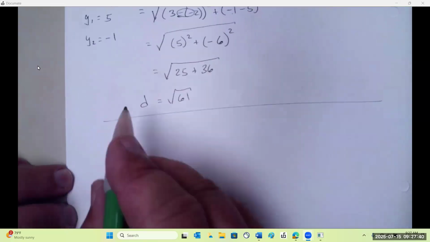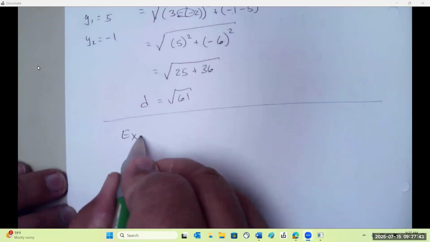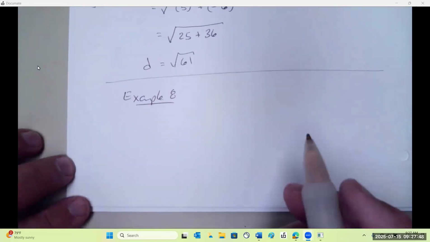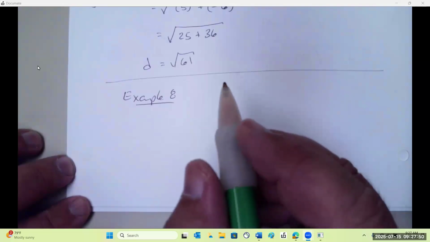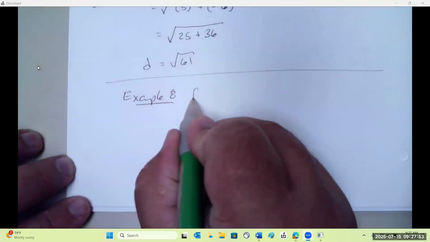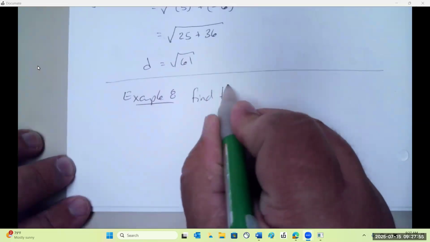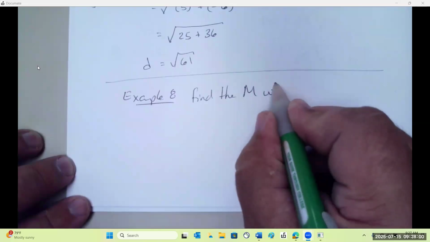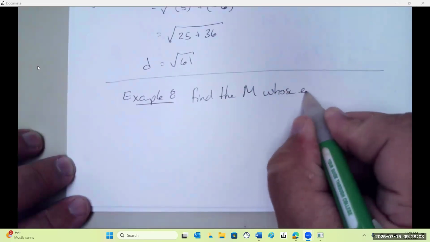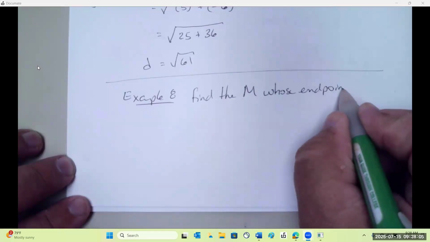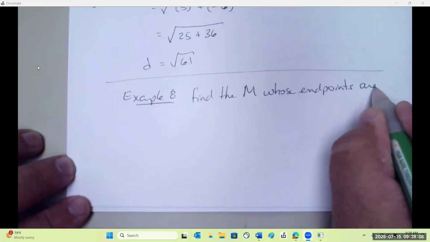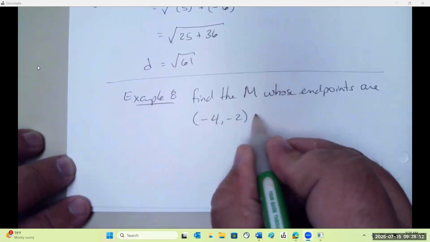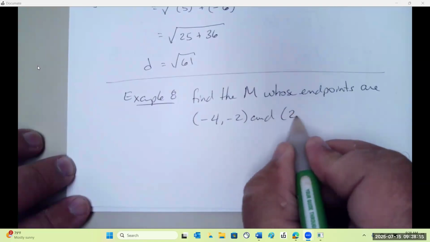All right, let's look at example 8. Find the midpoint of the line whose endpoints are -4, -2, and 2, 5.